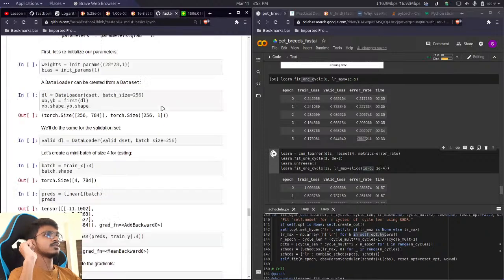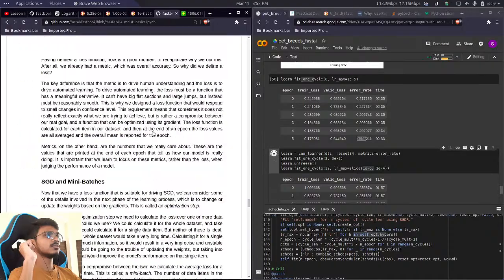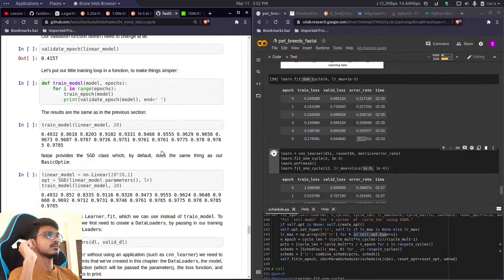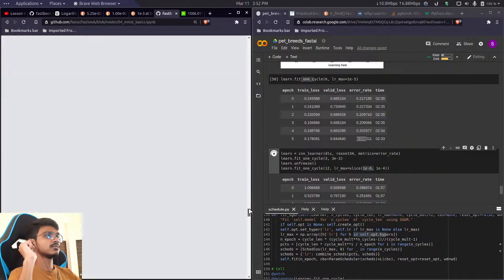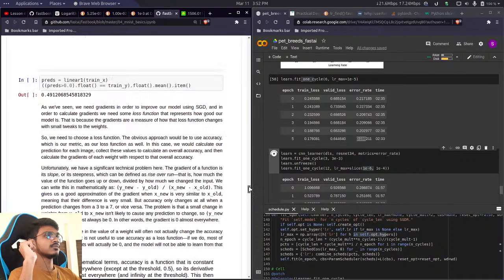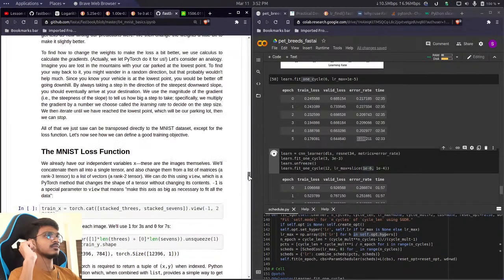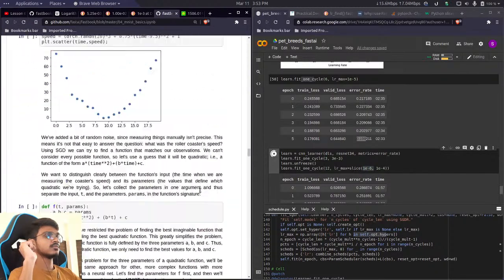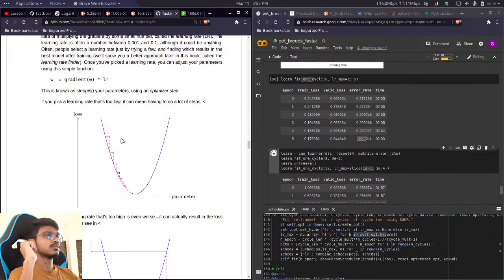Okay, it means they mean this thing. As the loss reaches the local minima, the learning rates get smaller and smaller, right?